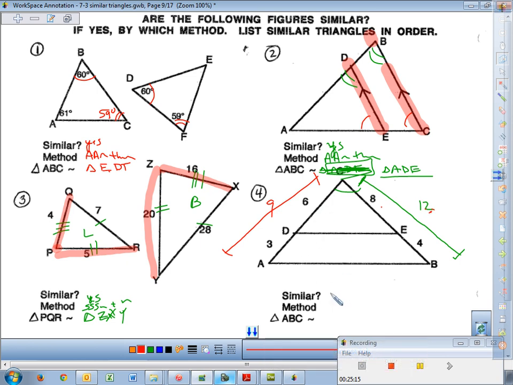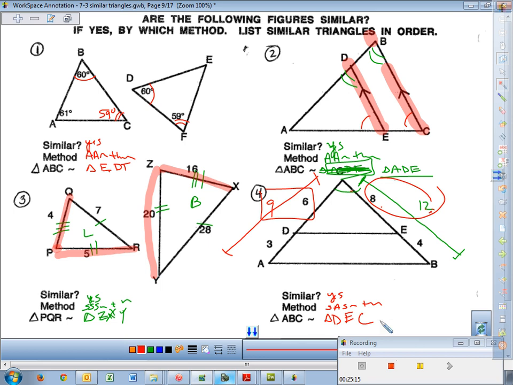So are these triangles similar? Yes, by the side, angle, side similarity theorem. Because I got a ratio of 1.5 here, I got this angle in the middle, and then I got a ratio of 1.5 there, or 3 over 2, whatever you'd call it. And then ABC, A goes with D, B goes with E, and C goes with C.